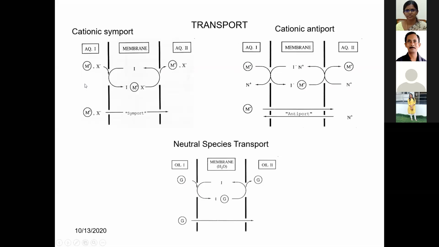In the liquid membrane, there could be transport mechanisms: cationic symport, cationic antiport, and neutral species transport. With symport, both anions and cations are transported together into the internal phase. Antiport means one cation is transported inside and the other cation is transported outside.